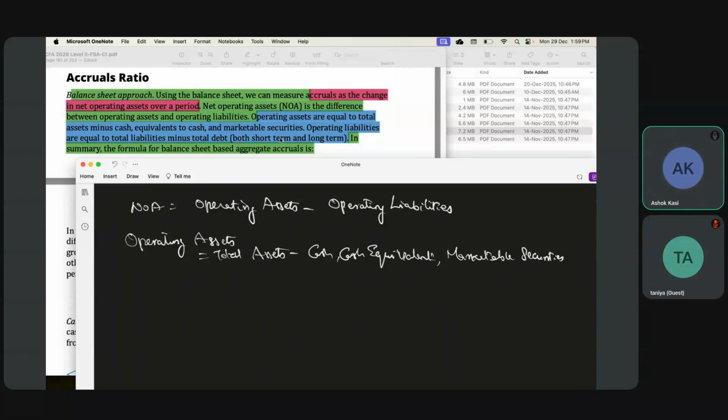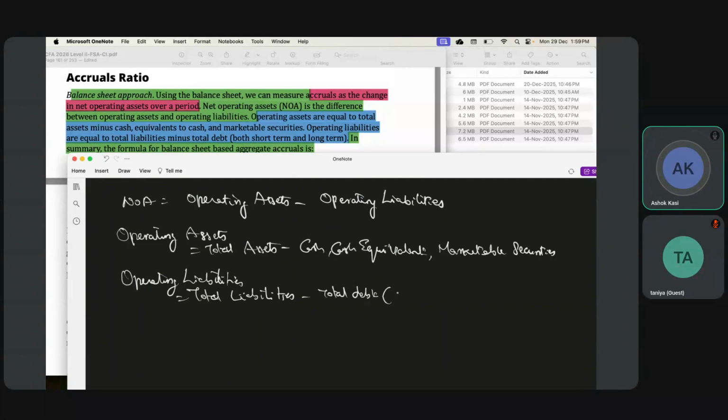Then operating liabilities are equal to total liabilities minus total debt. Debt means short-term and long-term debt.